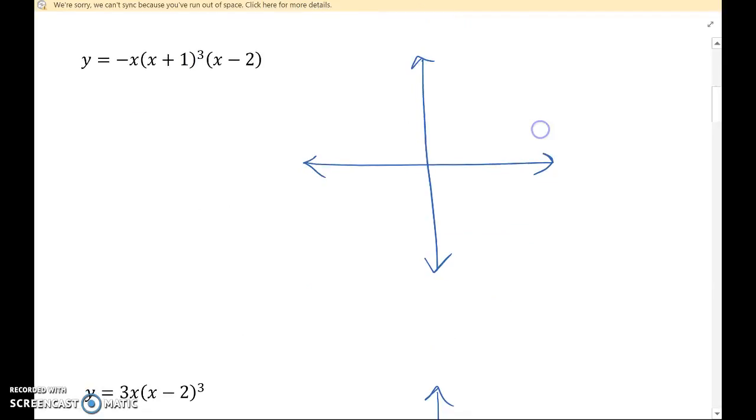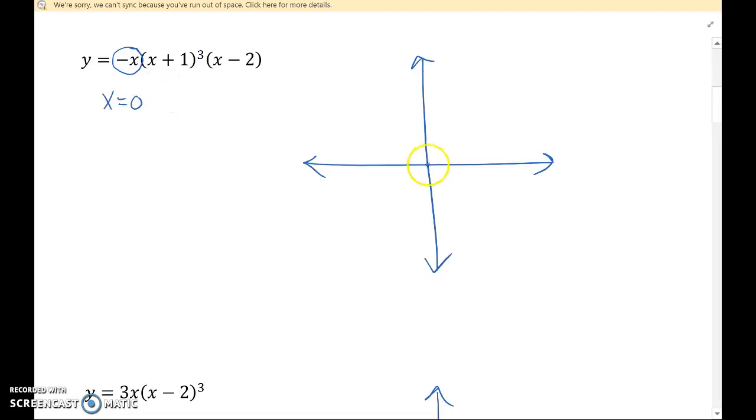Our next example, again, we want to identify the zeros. And any time that there is an x out in the front, it doesn't matter about the negative sign, it doesn't matter if there's an exponent. These are all in factored form, and so if there's an x out front, it's always going to be a 0.